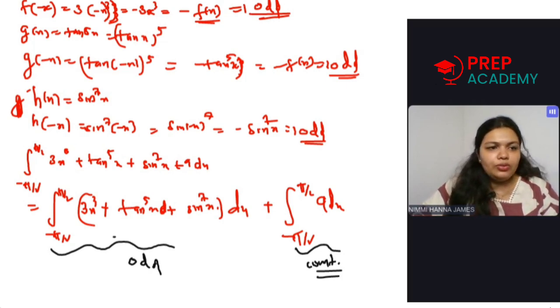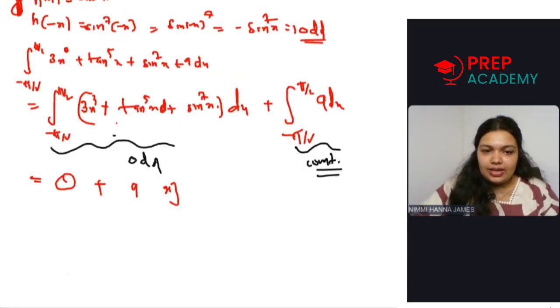So integrating, for an odd function the integral value in this case is 0, plus here it is 9 into the integral of dx, which is x. Applying the upper limit and lower limit, minus pi by 2 to pi by 2, that is 9 into pi by 2 minus minus pi by 2.